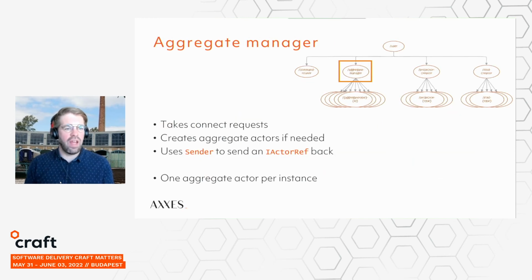And what we're going to have is an aggregate manager, and the responsibility of that actor is just to create aggregate actors when they are needed and give an IActorRef back to the person who requested to talk to this aggregate actor. We will have one actor for every instance of every aggregate.